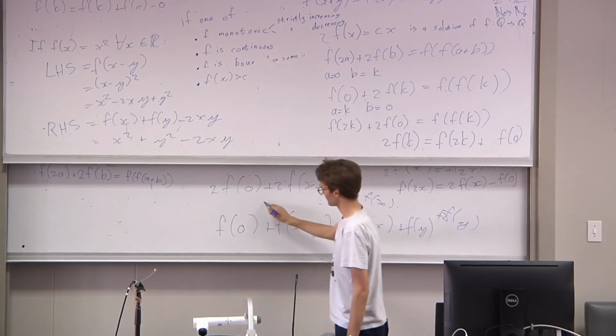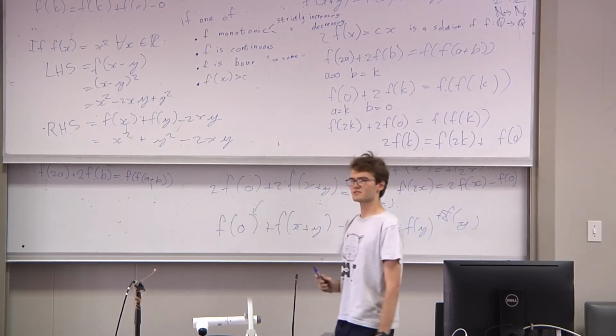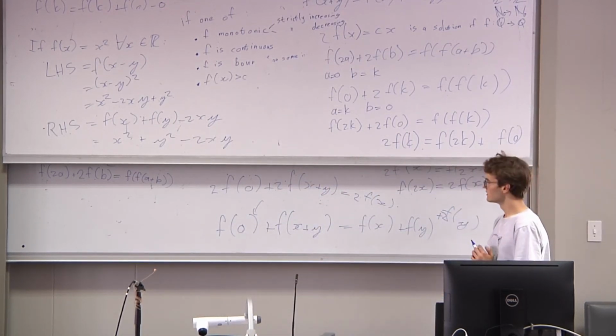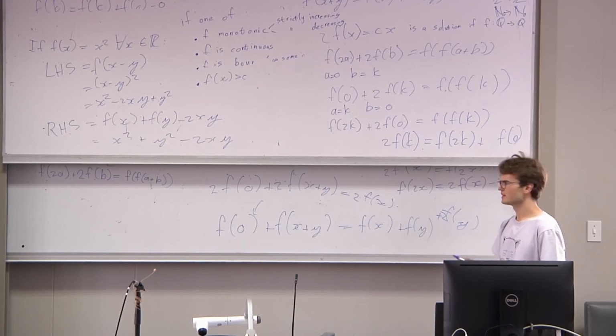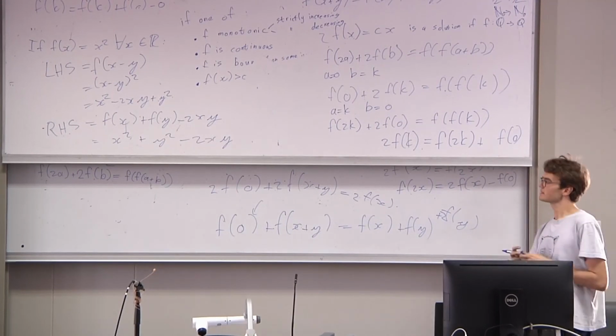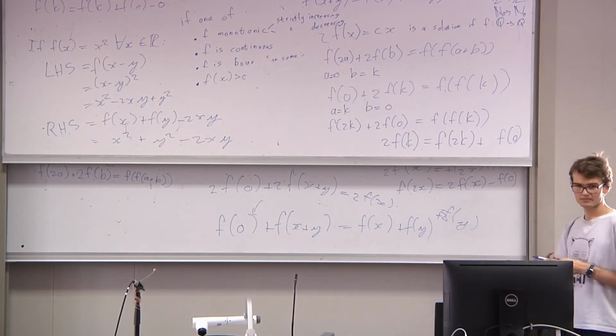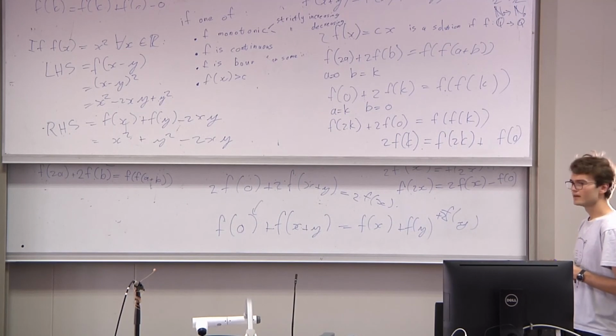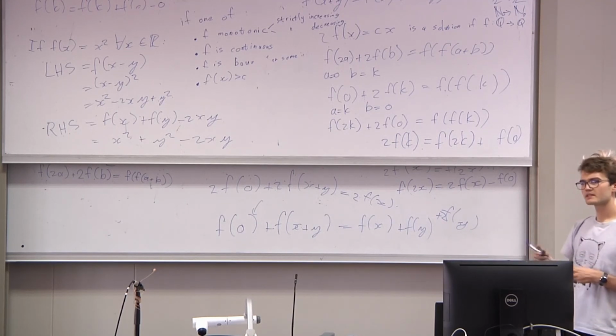It's just this pesky f of 0 over there. So if we knew that f of 0 was 0, we would be done, but we don't know that. So we have to come up with another plan. Any ideas on how to fix that?